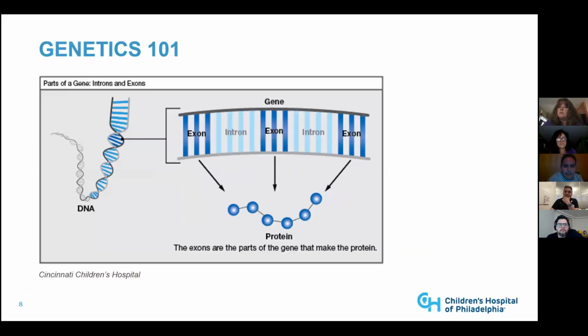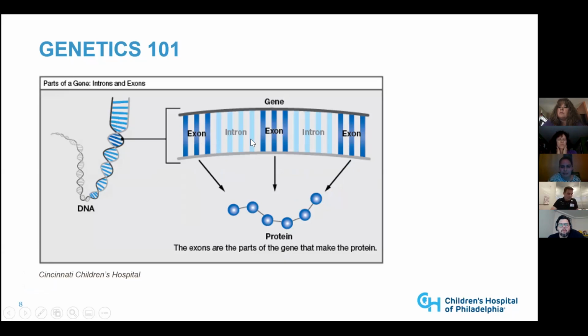As we talked about, we have these two different sections of the gene. We have the exon that provides the instructions for making the protein, the SCN2A protein. And then we have the intron, which is the genetic code between the exons.